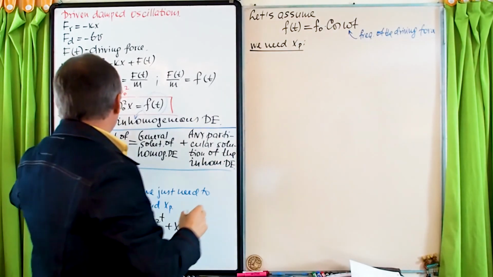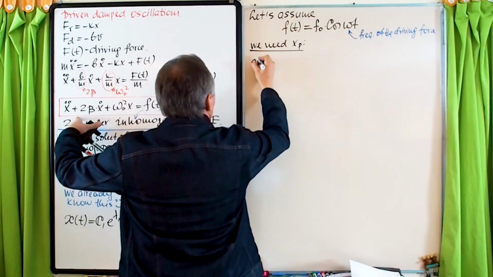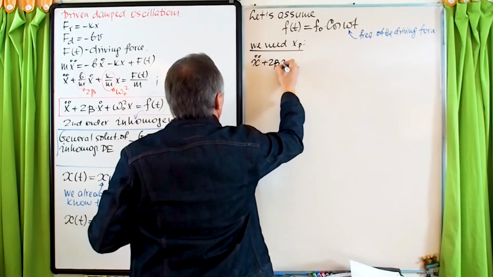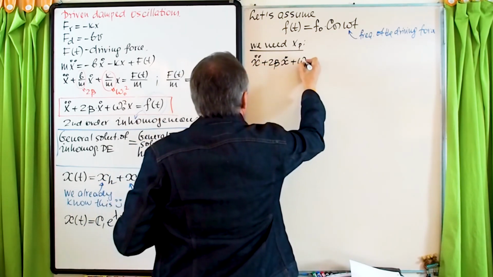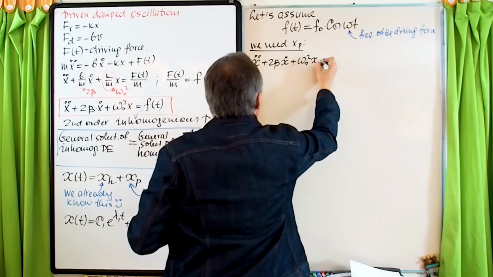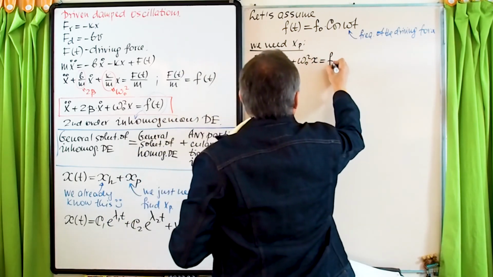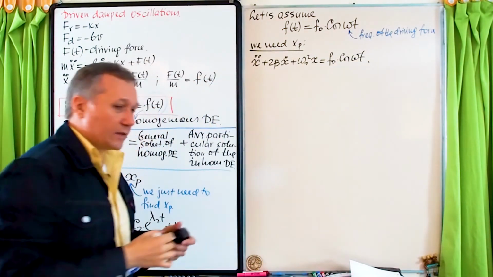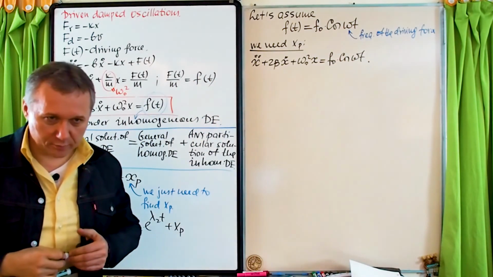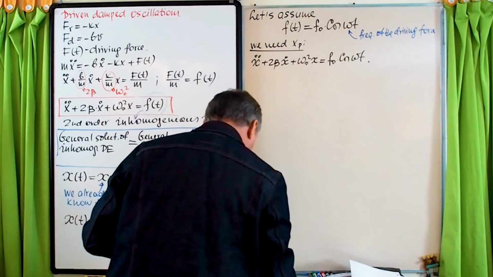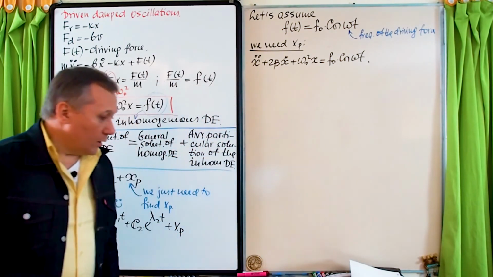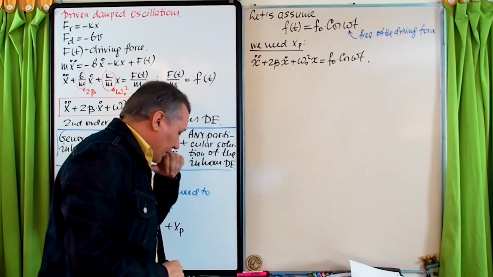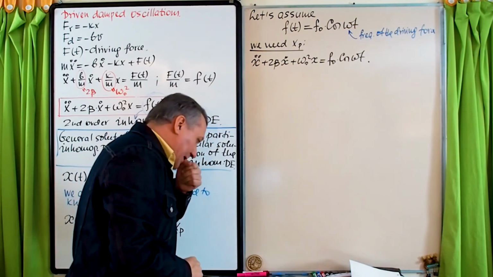So let me rewrite this differential equation explicitly with that function: x double dot plus 2 beta x dot plus omega naught squared x equals f naught cosine omega t. Again, any particular solution needs to be found. I will summarize these frequencies later.